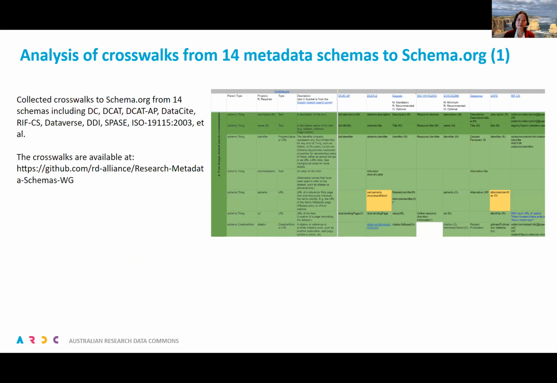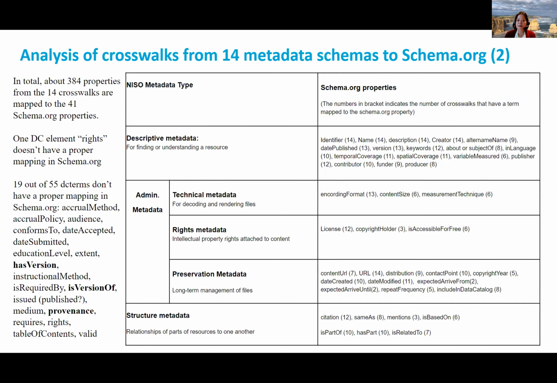So one is the mapping. We collect 14 crosswalks from general data schemas to discipline-specific ones, and we align them against the schema.org properties.